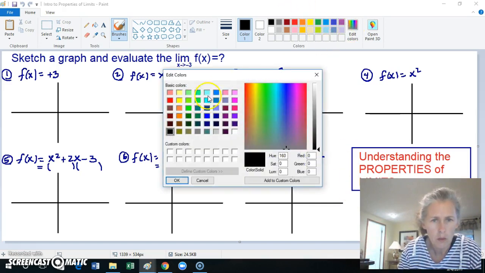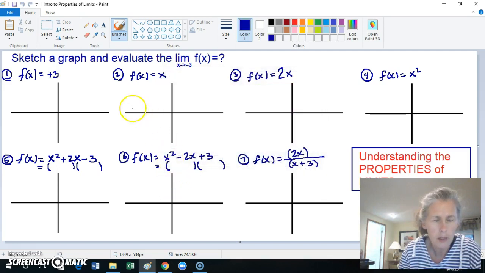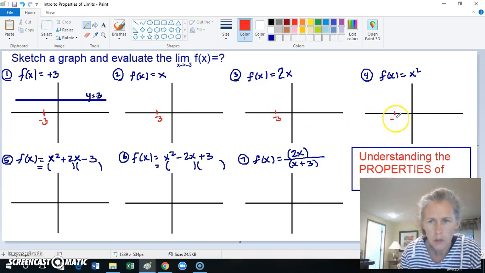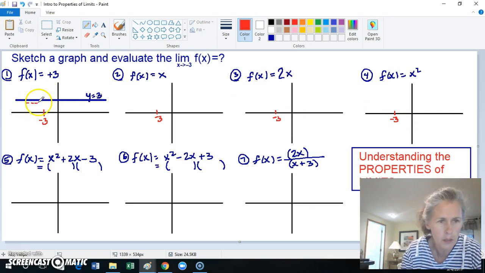All right, so to start, let's take a look at the graph of f of x equals 3. You know that to be a horizontal line at y equals 3. And if we take a look at where x equals -3 on each of the graphs, we're going to see what happens as we approach x equals -3 from the left, and what happens as we approach x equals -3 from the right on each of these functions.